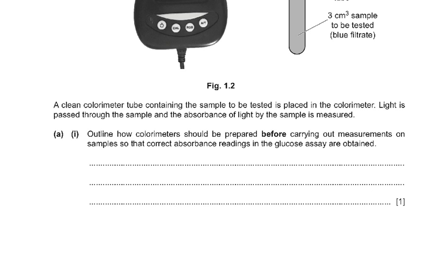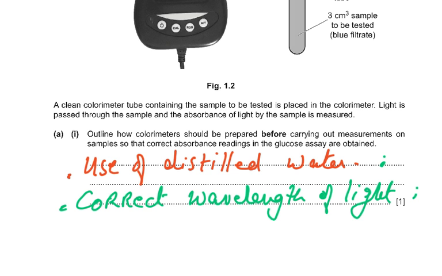So you set it at zero absorbance when you put in a tube containing just distilled water, which is not going to contain anything else in it. So either you could have said use of distilled water, or you could have said the correct wavelength of light.